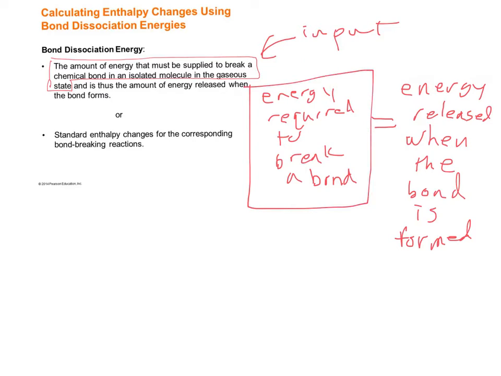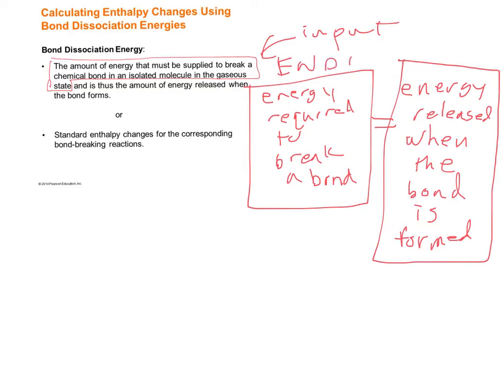So the dissociation energy is equal to the energy released when a bond is formed, equal in magnitude, opposite in sign. Dissociating a bond is an endothermic process. Forming a bond is an exothermic one, which again, we understand.